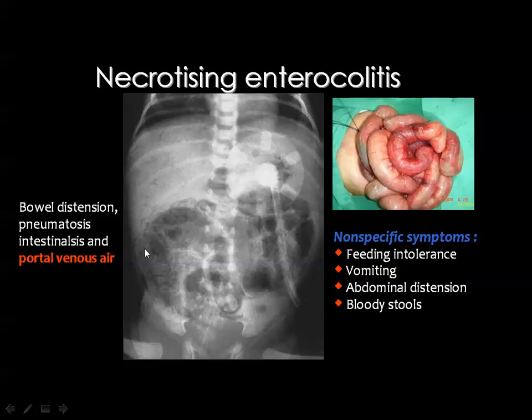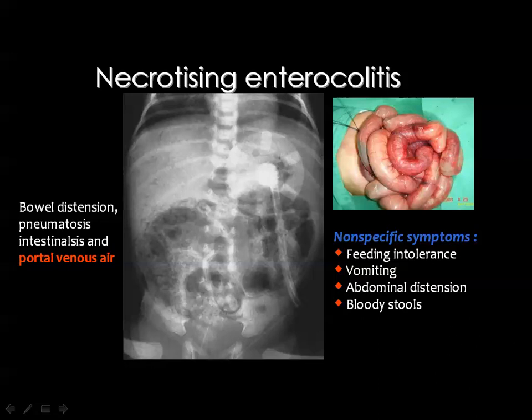air in the wall of the small bowel, and many times you are also able to see air in the portal vein, and air in the portal vein is one of the bad signs that may indicate a poor prognosis for the patient because of the associated necrosis and ischemia of the small bowel.